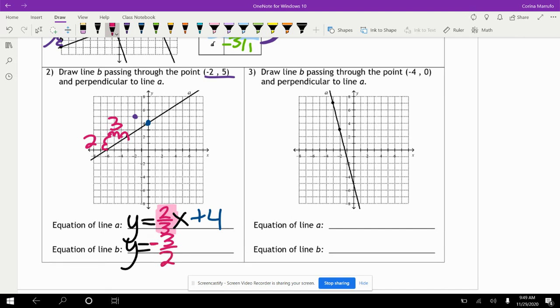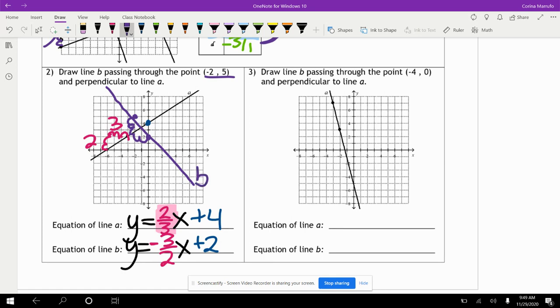And then we would have to make it a negative because 2/3 is positive. And then x, and all we've got to do is figure out what the y-intercept is. So we're going to go down 3 from this point, so down 1, 2, and 3, and to the right 1, 2, which is going to make our y-intercept +2. And that would be our line B.